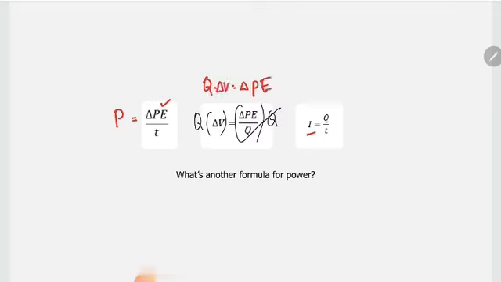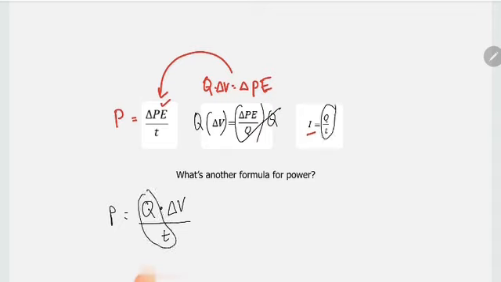And then let us substitute this here. So power will now be Q times the change in voltage, or potential difference, divided by time. Now we know that Q over t is equivalent to current. So P will be equal to current times the change in V, or the potential difference.